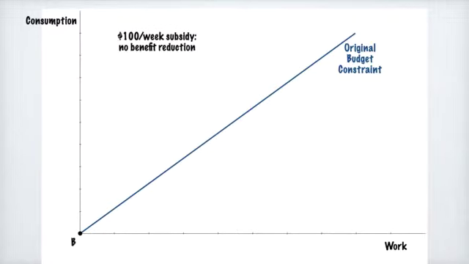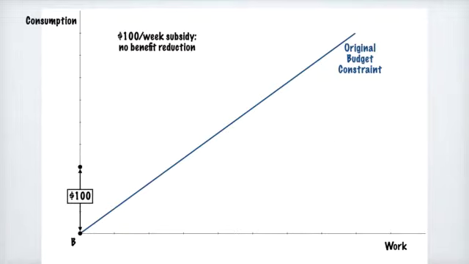So let's take a look at what happens to this budget constraint if we give all people a $100 a week subsidy. Let's say that there's some program that will give everybody $100 a week. How is this going to impact the original budget constraint? Well, if we're at point B and we're not working, we have no income, we can't consume. But if we get that $100 a week subsidy, we can consume $100 worth of consumption, correct?